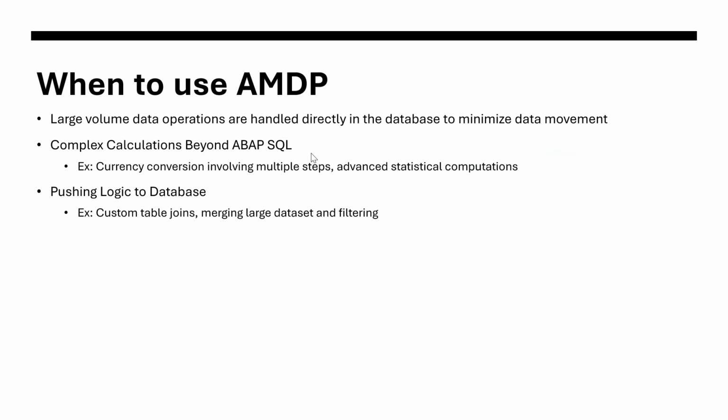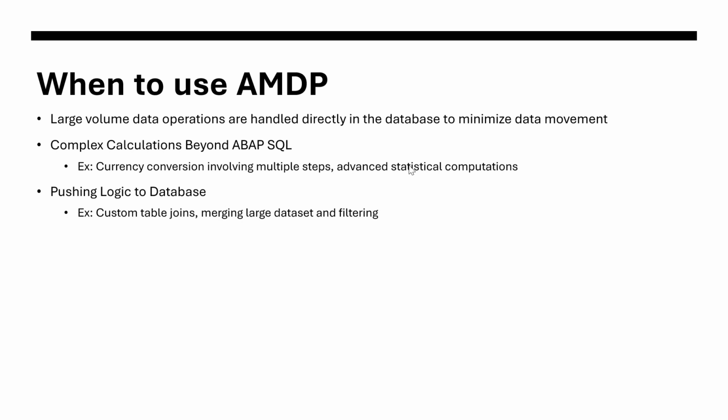So when we have to use the AMDP, large volume data operations are handled directly in the database to minimize data movement. So we have a huge amount of data and we have to fetch the data, and we will be doing the processing, and again we will be fetching the data from the database.